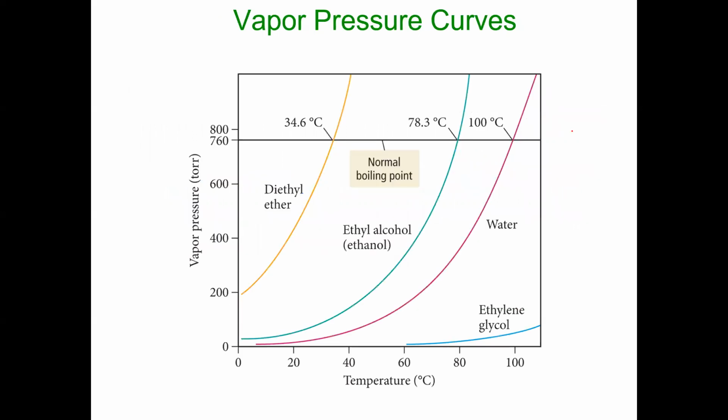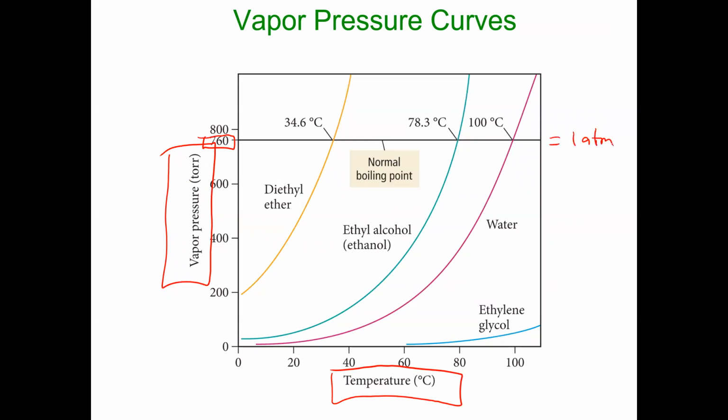One of the things you're going to be required to do is read vapor pressure curves. So with vapor pressure curves, you have the vapor pressure here and you have the temperature here. And one of the things I want to show you is they always show 760 torr or millimeters of mercury, because remember, that's equal to the standard of 1 atmosphere of pressure.